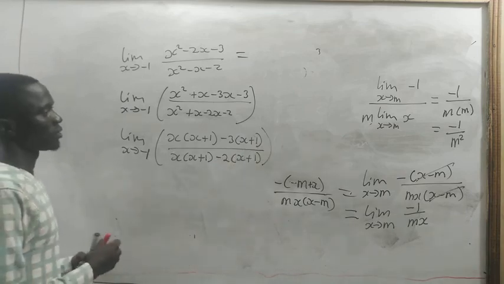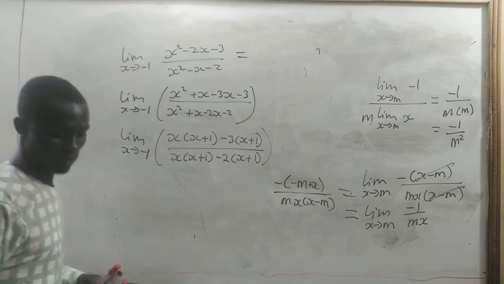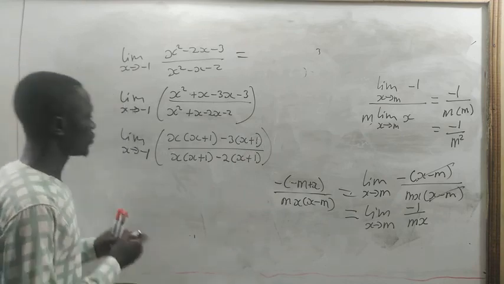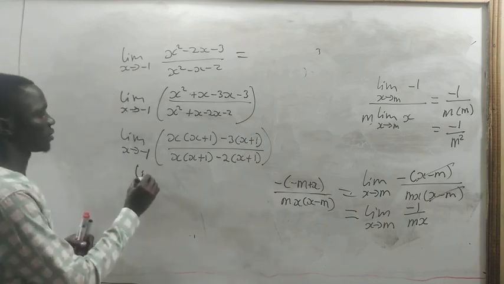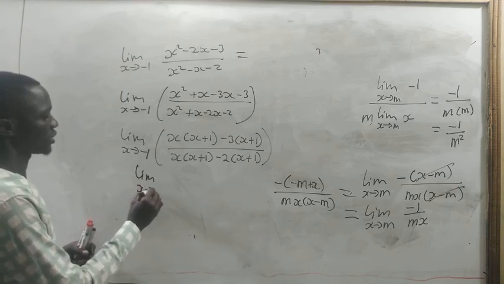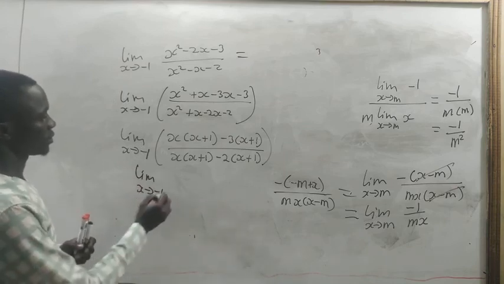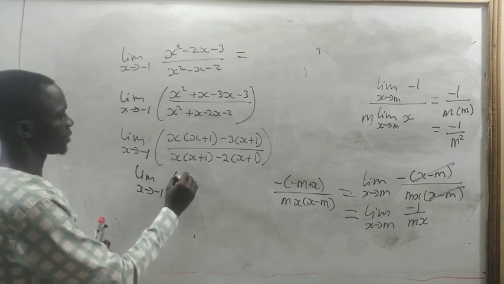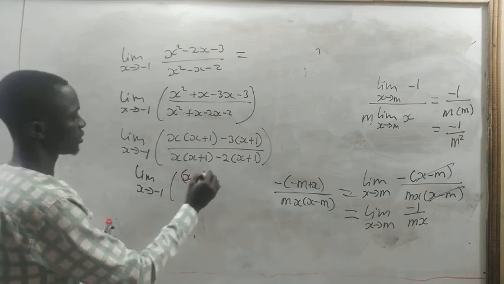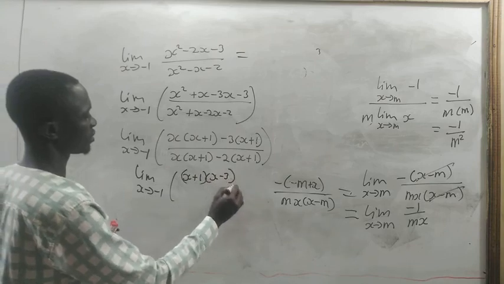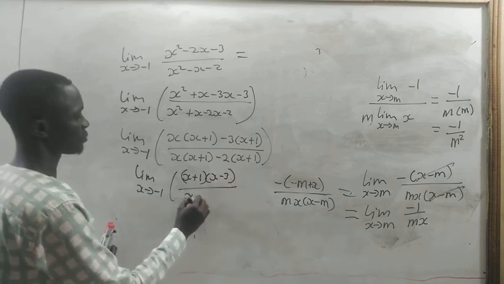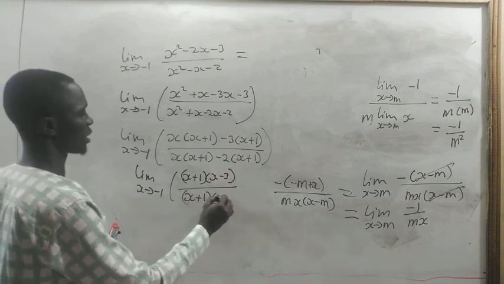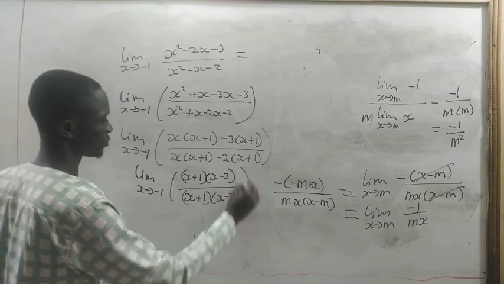So here, what are we going to get? We're going to have the limit as x approaches negative 1 of (x plus 1) times (x minus 3) divided by (x plus 1) times (x minus 2).